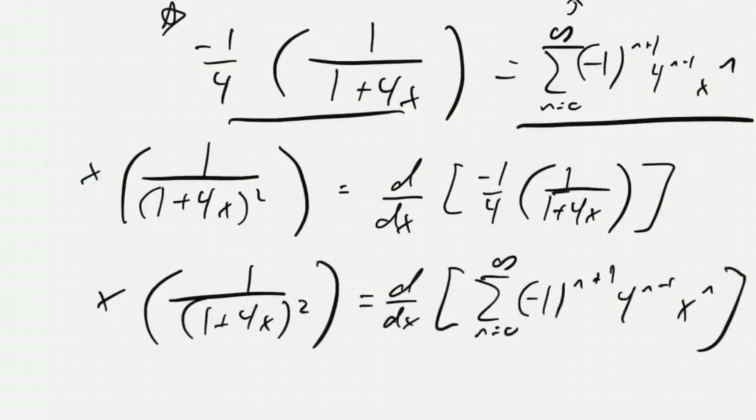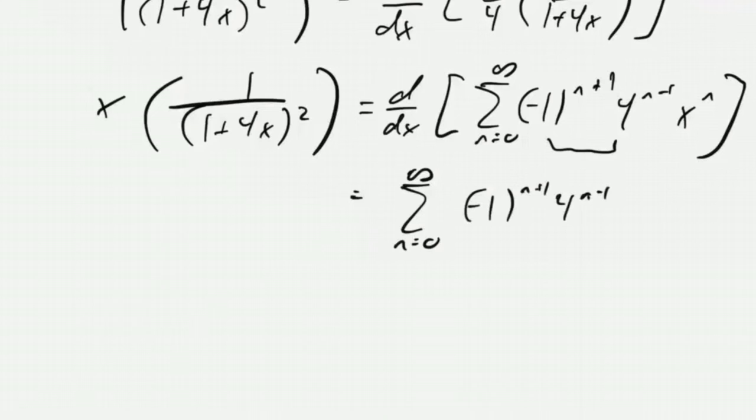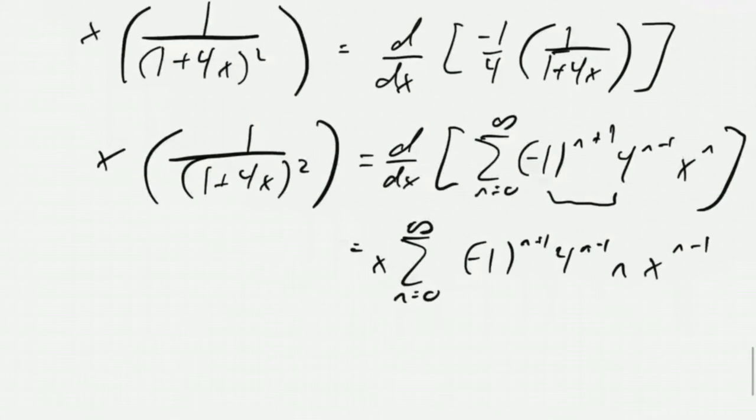Okay, so let's just differentiate this power series. Ignore the summation sign and treat these like constants. And we'd end up with this. So this should be the power, and then I would have an x out front of all this, right? Because of this term here.